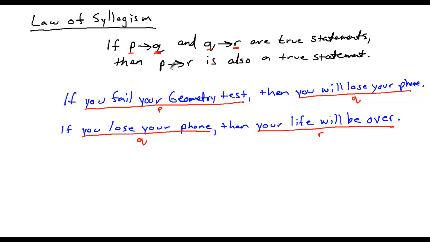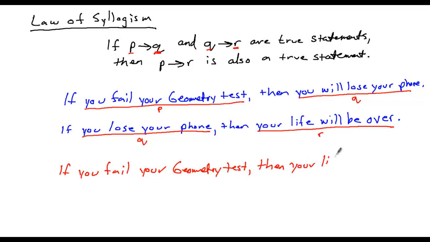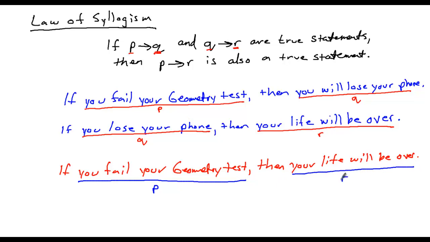But if they were both true, then we could say, logically, if you fail your geometry test, then your life will be over, right? And that is our if P, then R. And that's the law of syllogism.